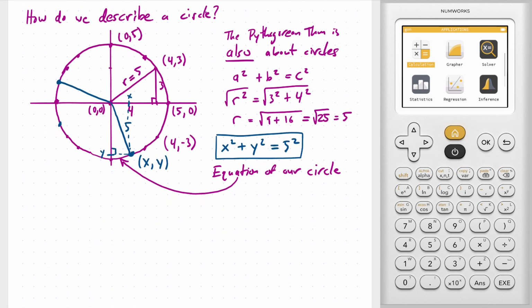But what if I wanted the set of all points, let's actually write this out, what about the set of all points r units from the origin?